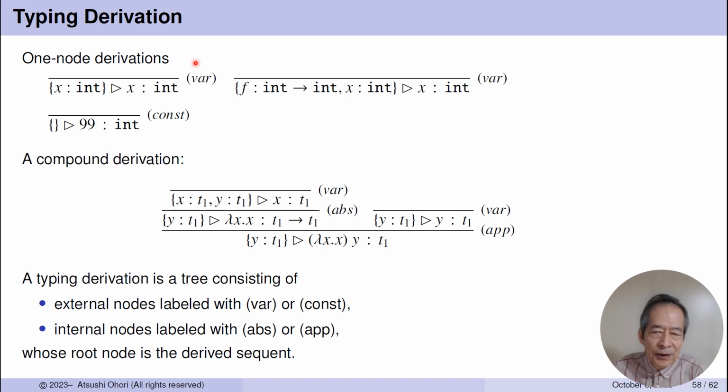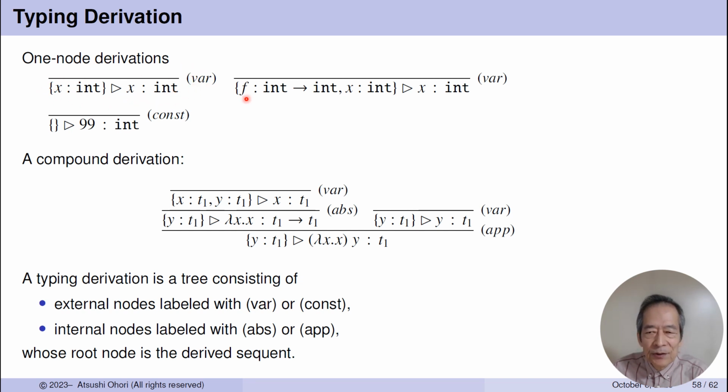This is an instance of the var axiom, a trivial typing under x of type int. x has type int. It's an obviously derivable typing, and this is a complete typing derivation.